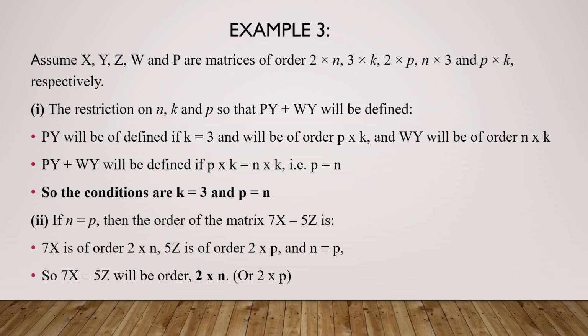So PY plus WY will be defined if p cross k is same as n cross k, because PY is of order p cross k and WY is of the order n cross k. That means your p should be equal to n. So there are two conditions. First condition here is your k should be equal to 3. Second condition is p should be equal to n. Only in that case PY plus WY will be defined.